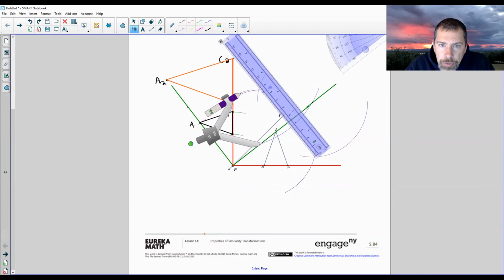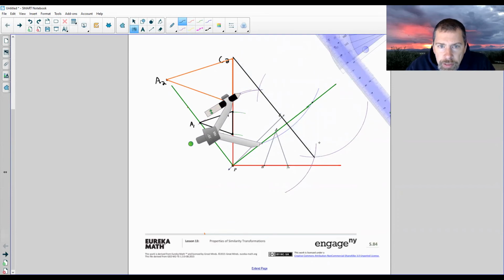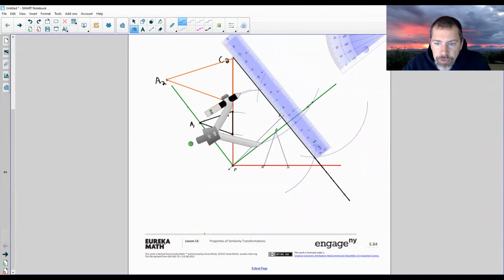And it should go through the point C2 as well. Okay, right about there. Let's use black again. So this is my perpendicular and it is going through C2, as you can see. And let me extend it further this way.